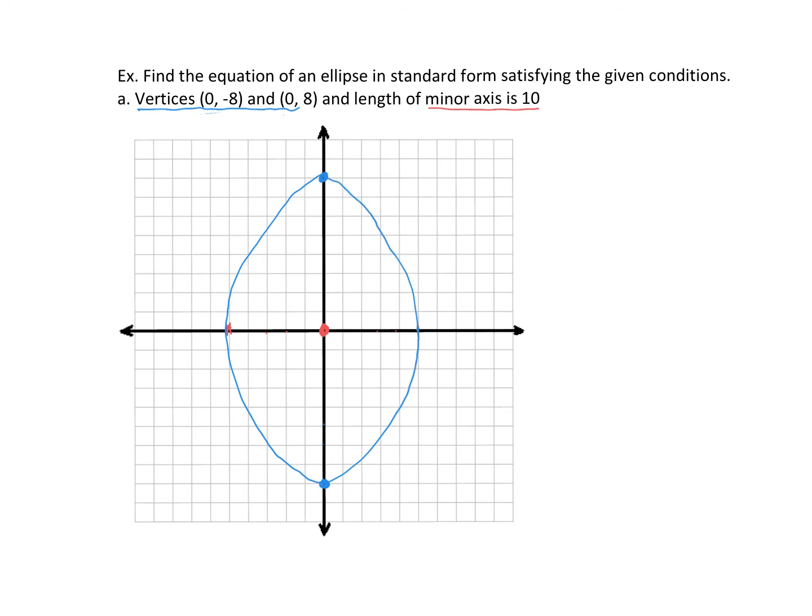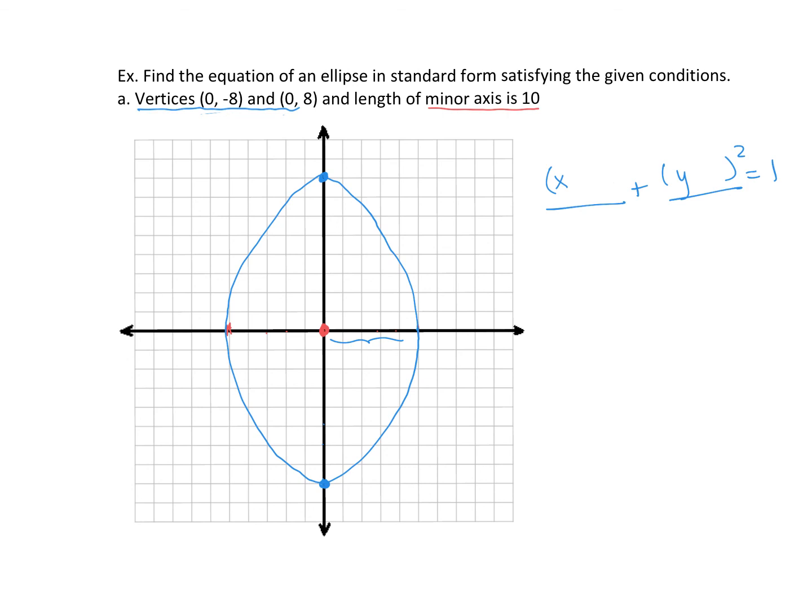Okay, so what we know now is the standard form of an ellipse. Because the origin is our center, we actually don't need x minus anything or y minus anything.